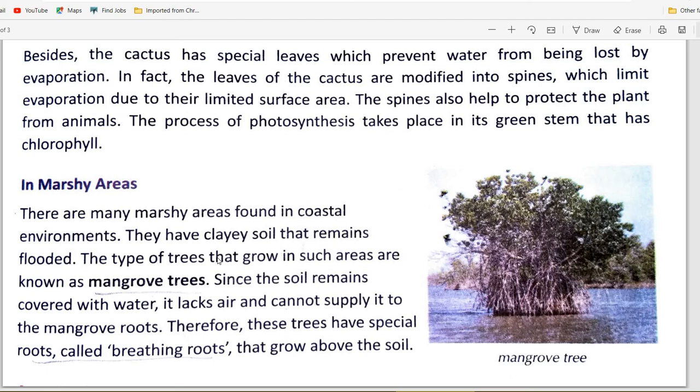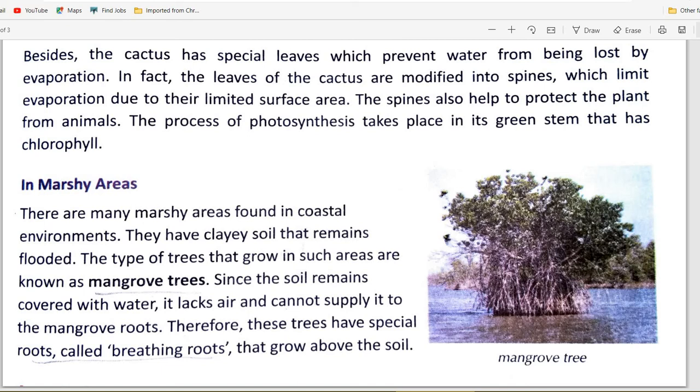And they also protect the animals, because the shade of trees helps animals to survive in hot weather. So they are called deciduous trees in plain areas.